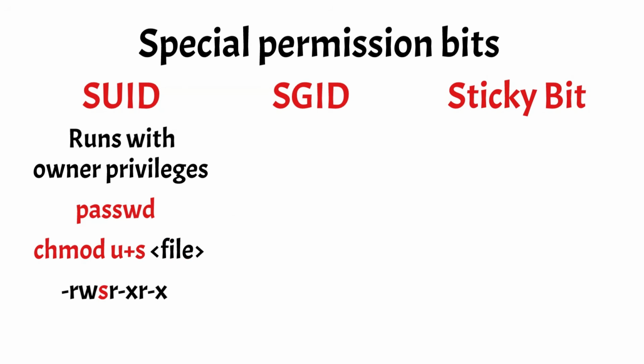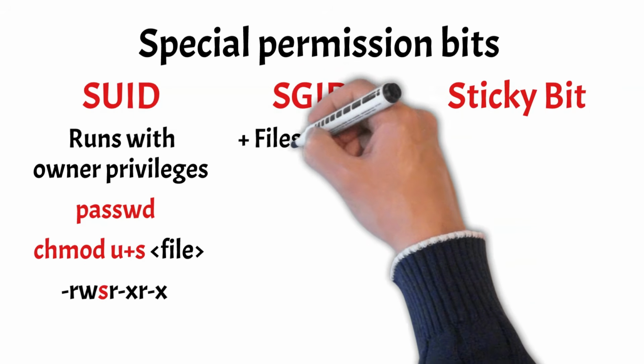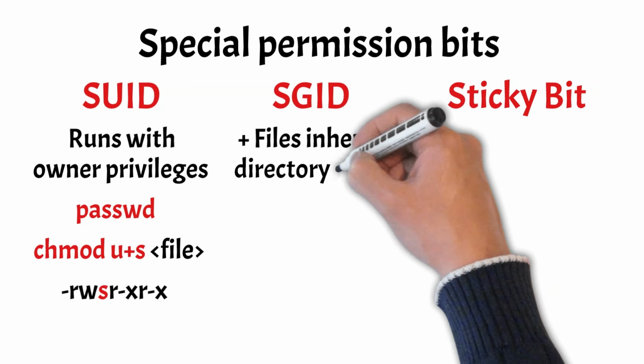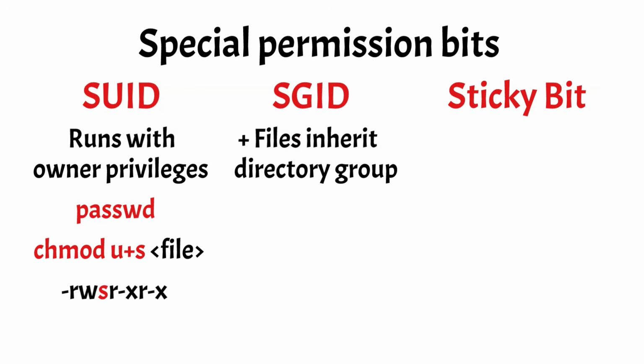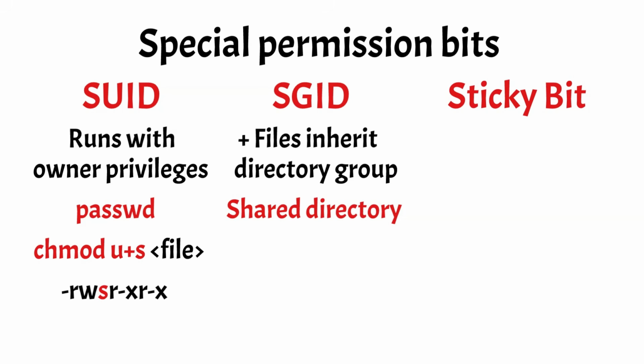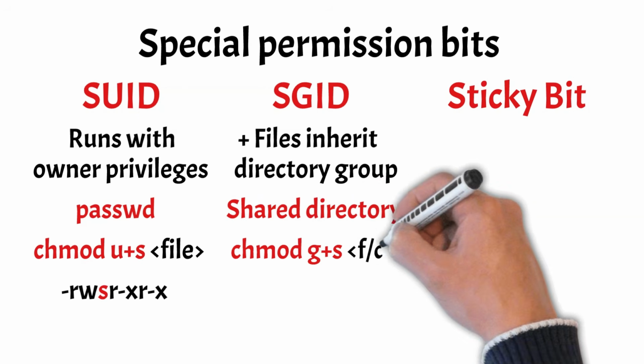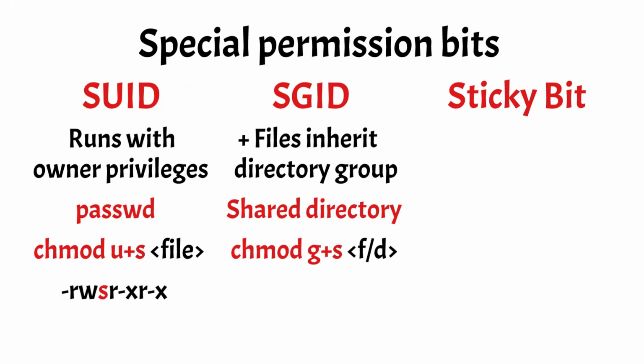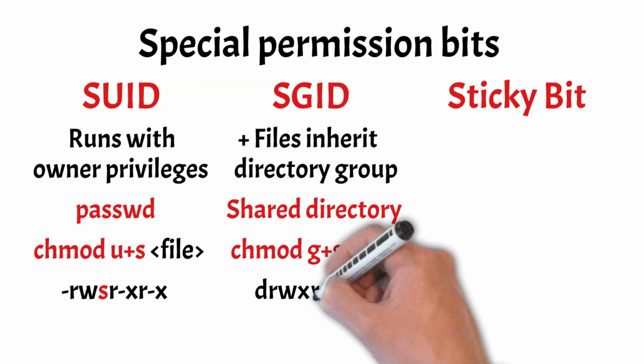The SGID bit, or set group ID, works in a similar way but applies to groups. When set on a directory, files created inside it automatically inherit the directory's group ownership, which is especially useful in shared project folders. Likewise, it can be enabled with chmod g+s, where g represents the group, and it appears as an s in the group's execute position.